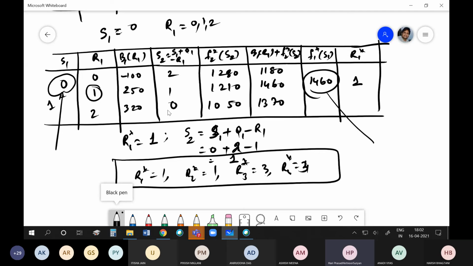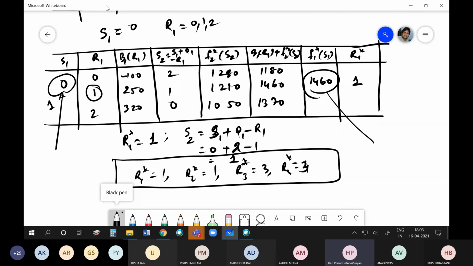But the thing I want to impress upon is how effectively we can use dynamic programming. If you see here, when we are writing the final optimal values, we are just looking at the previous table, that means the previous stage. We are not bothered about what happened prior to that, because we have already taken optimal decisions stage wise.